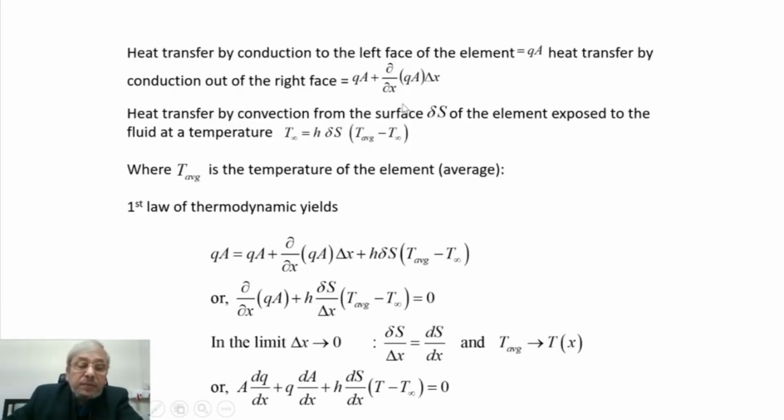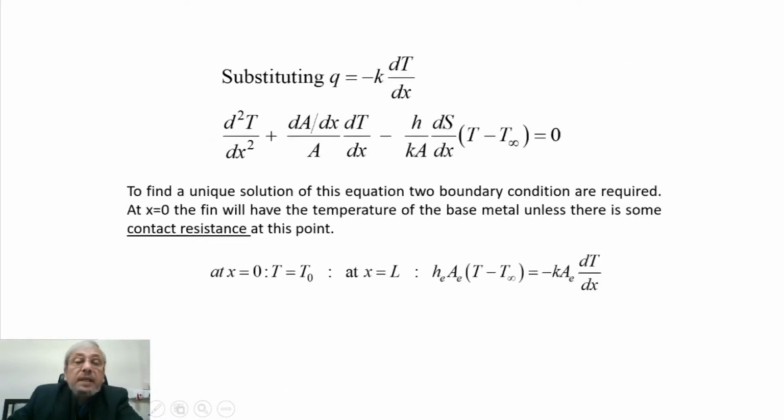So if we substitute q as minus k dT/dx here, we'll get minus k d2T/dx2, and here we'll get minus k dT/dx.